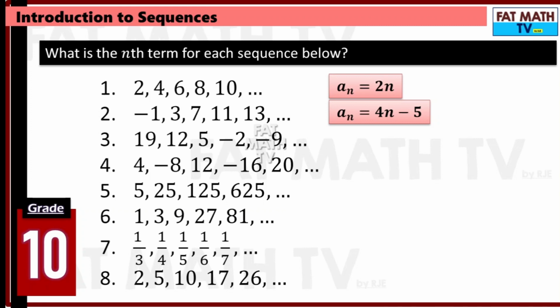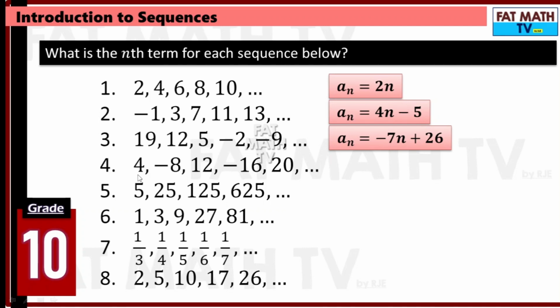So what will you do to get 19? You have to add 26, so plus 26, so that the -7 will be positive 19. If you replace n equals 2, that's going to be -14 plus 26, that's 12. If n is 3, this is going to be -21 plus 26, so that's 5, and so on.